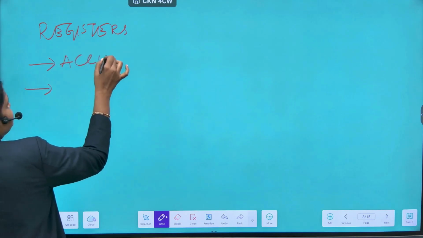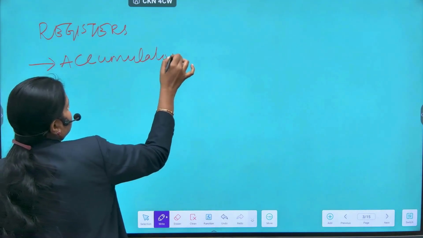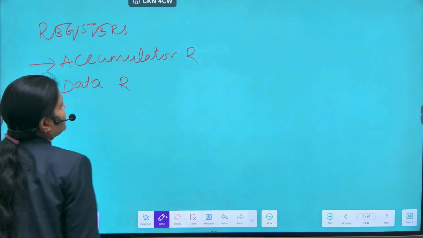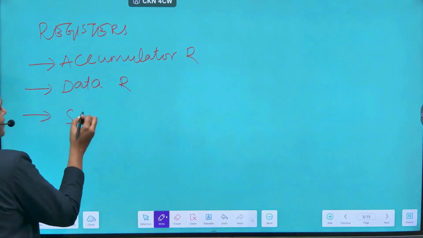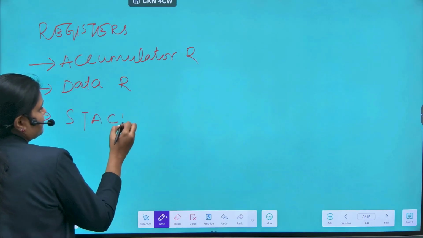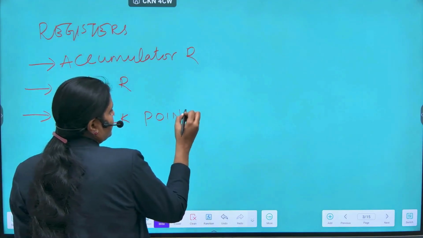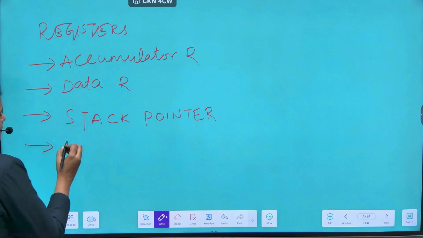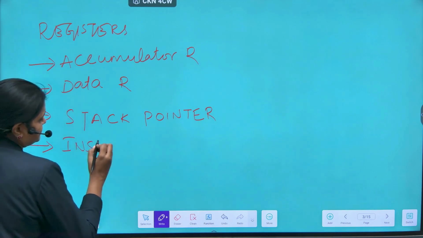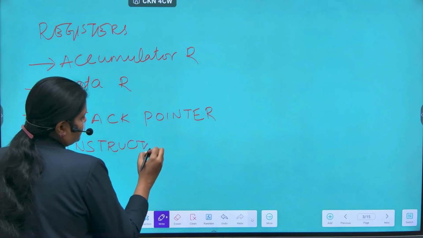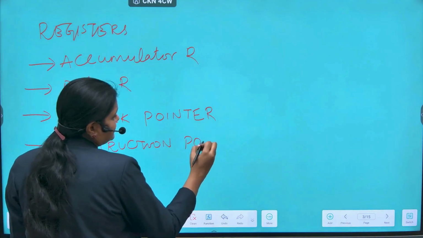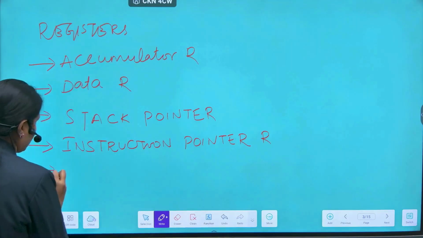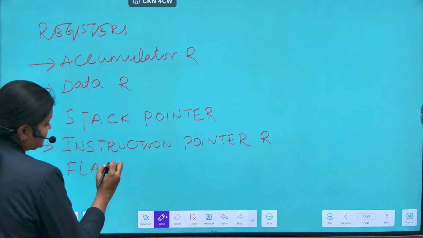First, accumulator, data registers, stack pointer, instruction pointer register, and flags or special purpose registers.